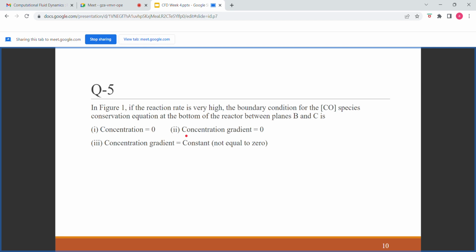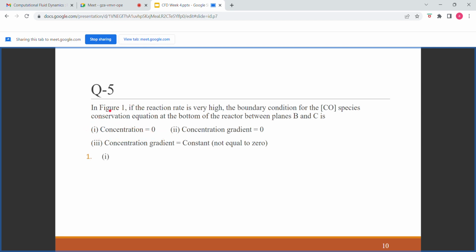Basically the problem statement was given that carbon monoxide and water enters through plane A and leaves through plane D. B is at the midpoint of the planes. Between planes B and C at the bottom of the reactor, catalyst is coated. So obviously there would be no carbon monoxide present. So the answer to this question would be concentration is equal to 0.